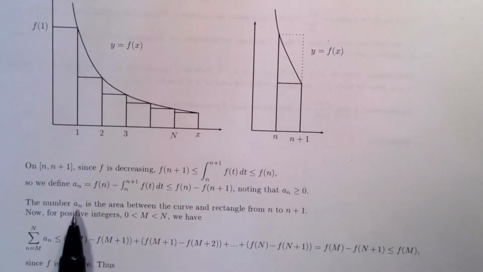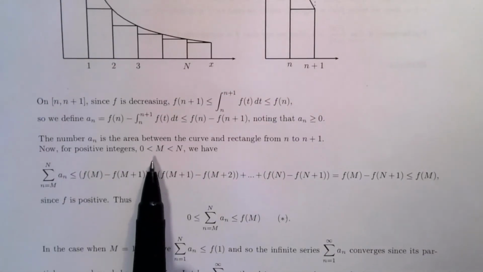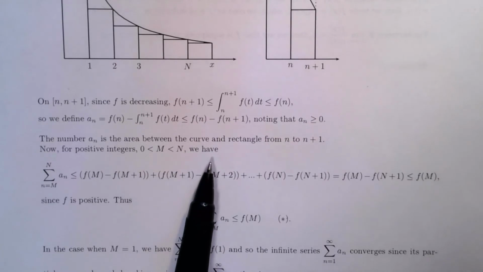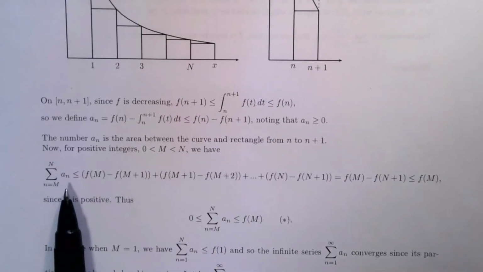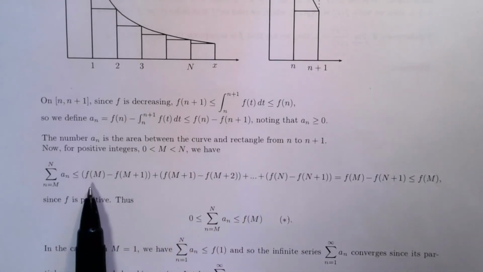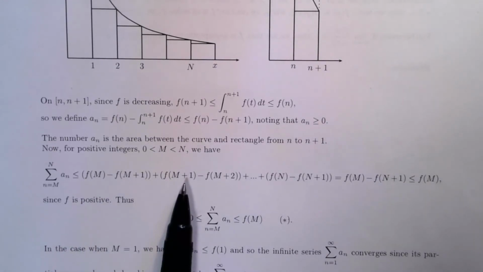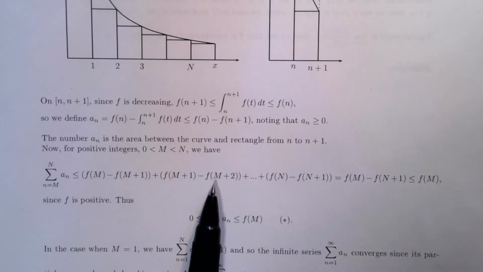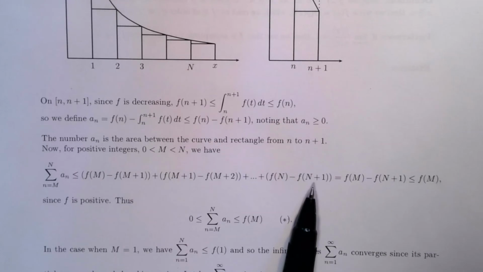So now, if we take any positive integers m and n, m less than n, then I can take a sum of this new sequence we've just defined, and by the way we constructed this, using this result up here, this is less than f of m minus f of m plus 1, and then f of m plus 1 minus f of m plus 2, and so on all the way down to f of n minus f of n plus 1.